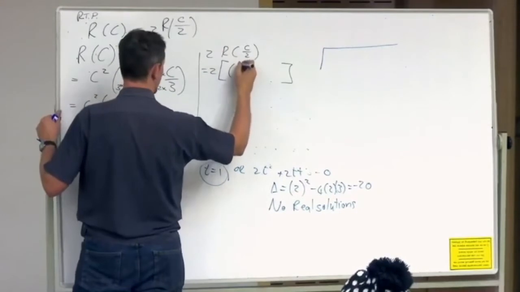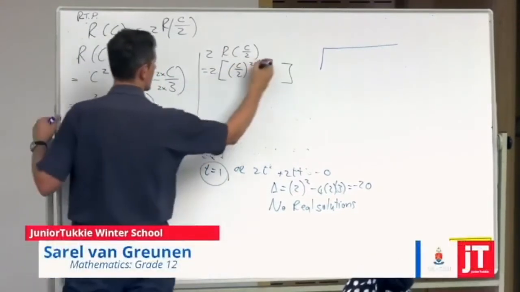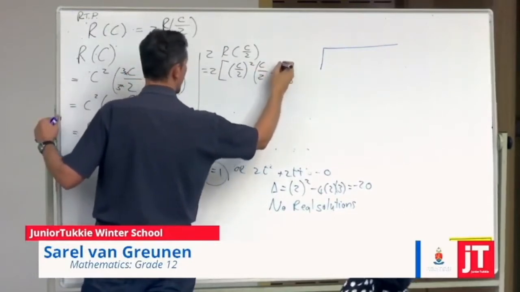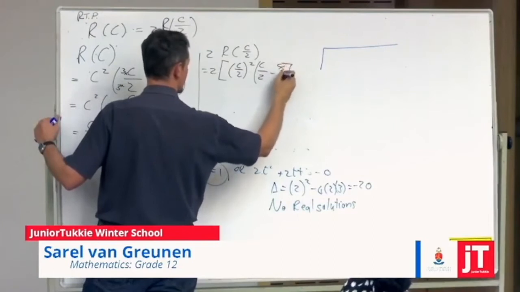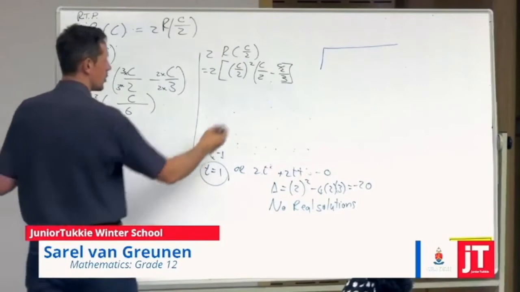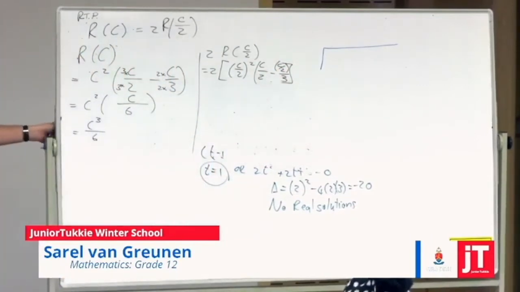So this is going to be C over 2 squared, C over 2 minus C over 2 divided by 3. Because I replaced every x with C over 2. Everyone all right with that?